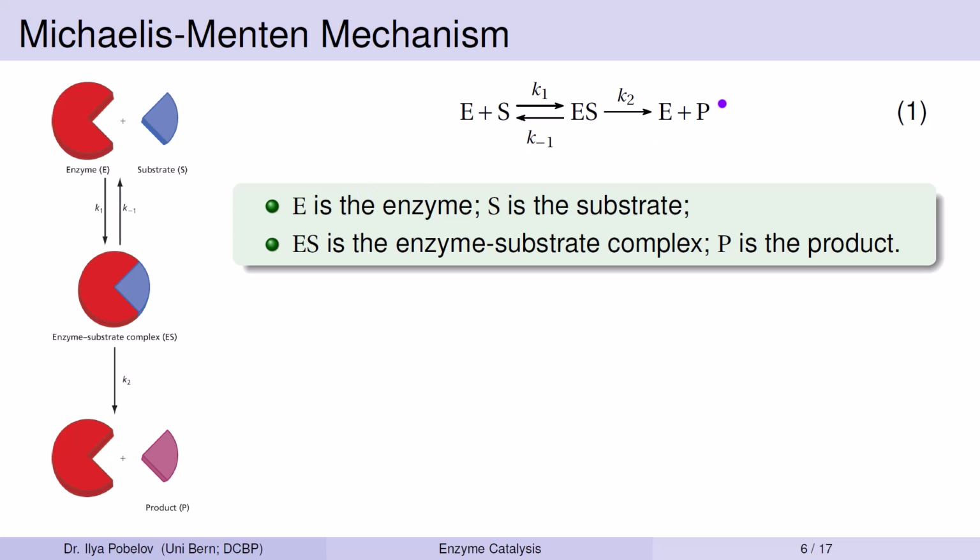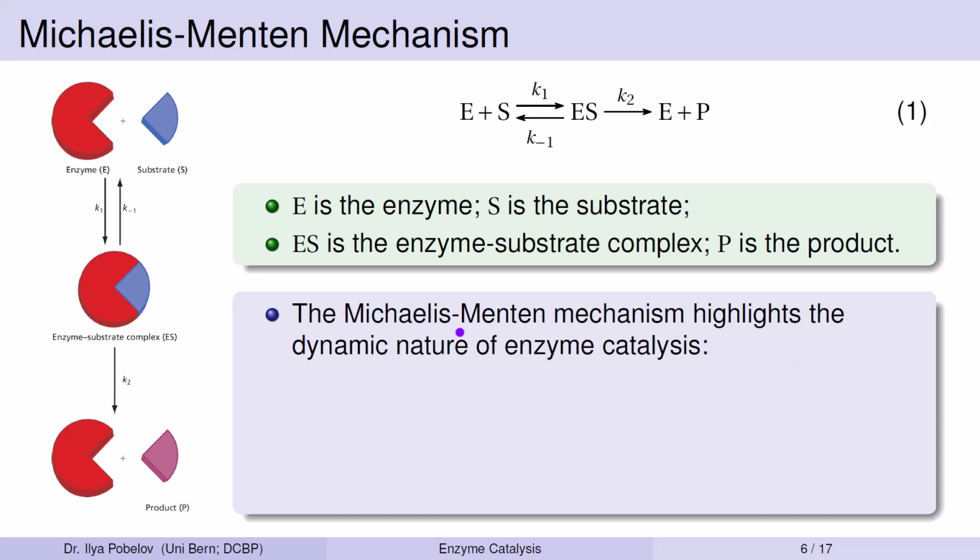According to the Michaelis-Menten mechanism, the enzyme initially binds to the substrate to form the enzyme-substrate complex. This complex can either dissociate back into the enzyme and substrate or proceed to form the product, releasing the enzyme in its original state.